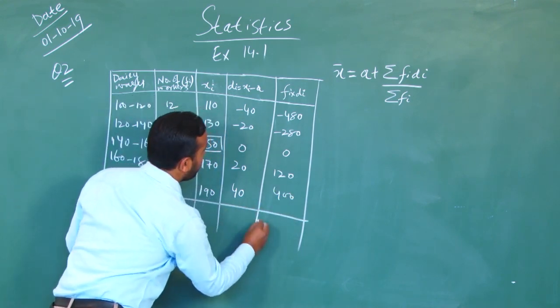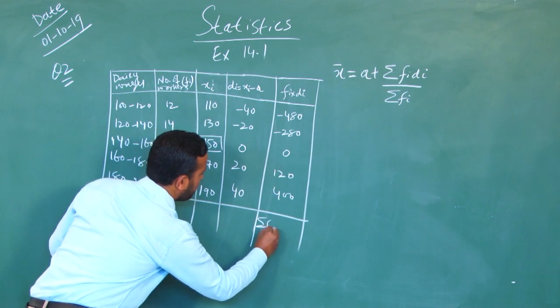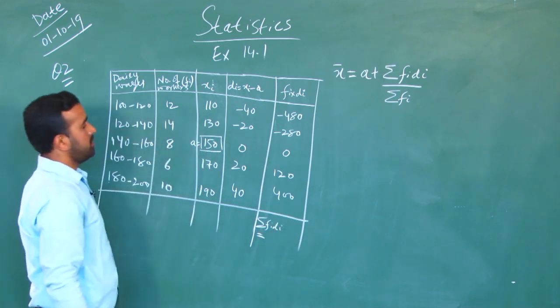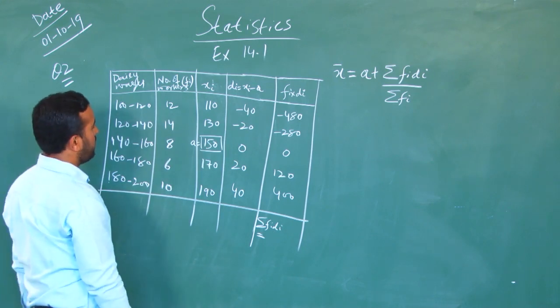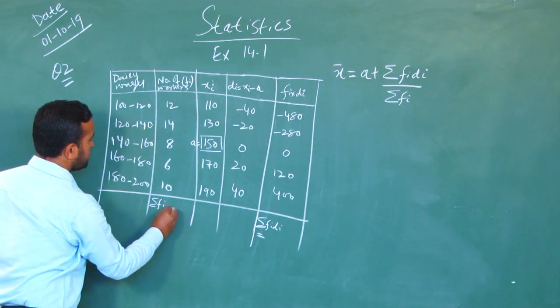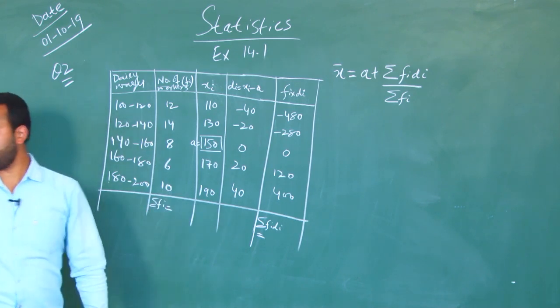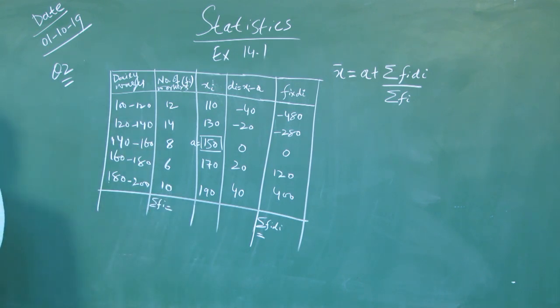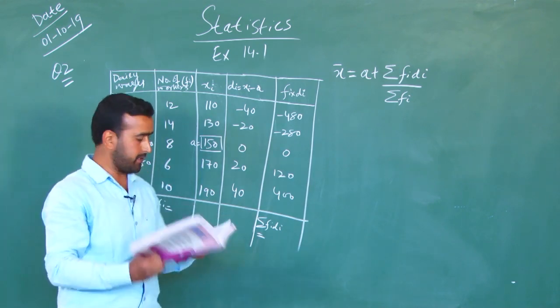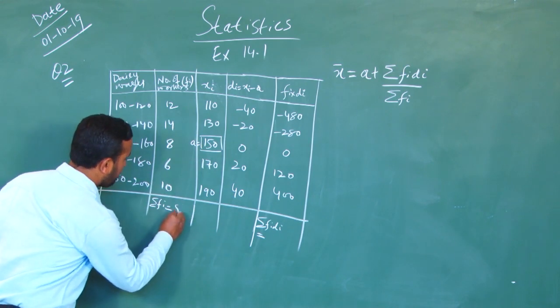Now we have to take the summation of these values, summation of Fi Di, and here summation of Fi. As given in the question, the addition of the frequencies, that is the number of workers present, is 50.